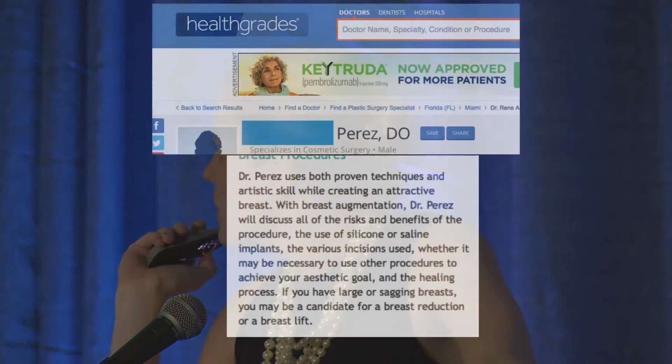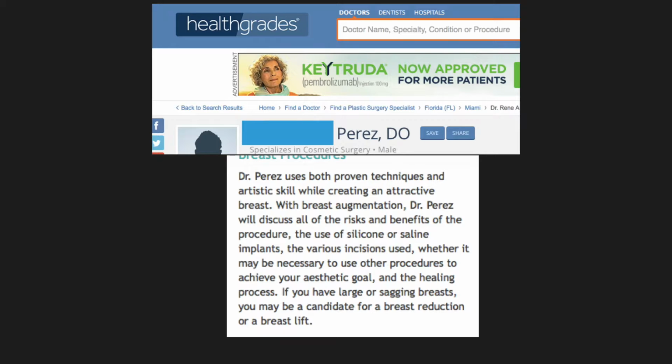So when we talk about problems, this is Healthgrades listed as specializes in cosmetic surgery. This is from Healthgrades as well, saying that he does breast augmentation, silicone or saline implants. This is a non-board certified family practitioner.